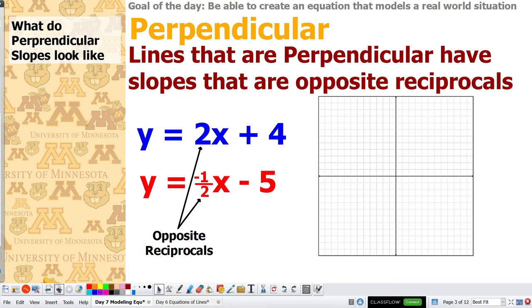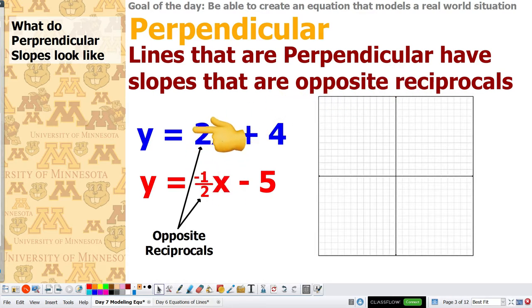And then perpendicular. So perpendicular lines have slopes that we say are opposite reciprocals. So when we say opposite reciprocals, the word opposite means they have opposite signs.